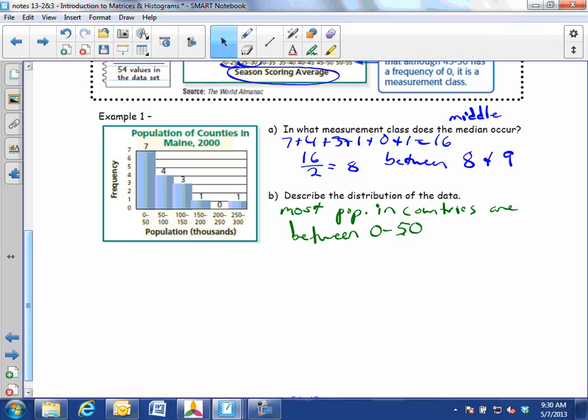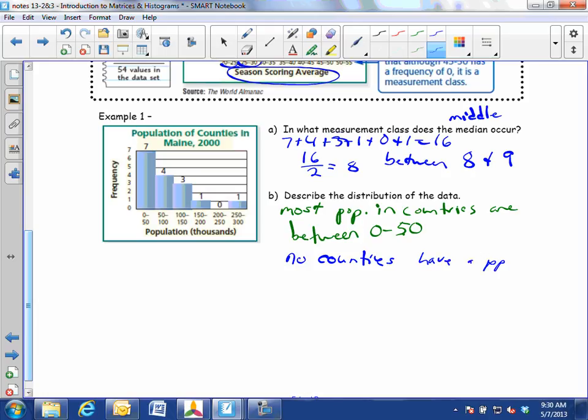Okay. What else do we have? What kind of sticks out just looking at it? The number 0. Yeah. I would say no counties have a population between 200 and 250.